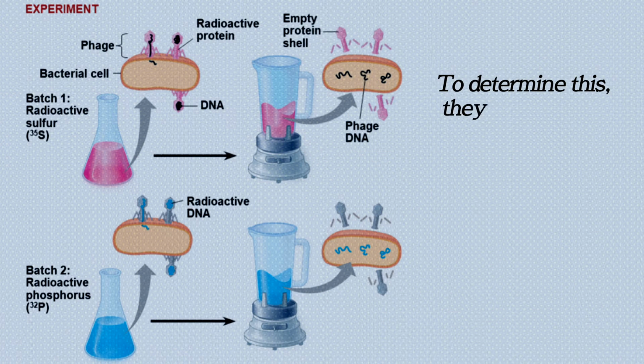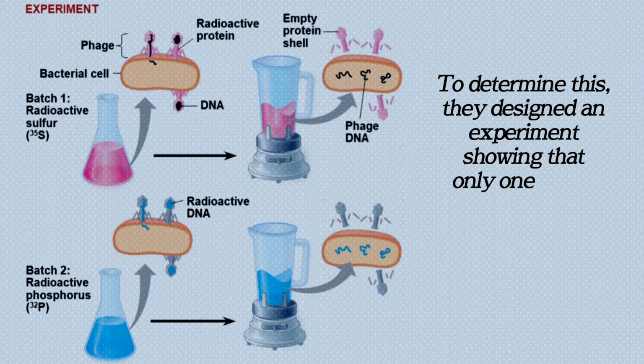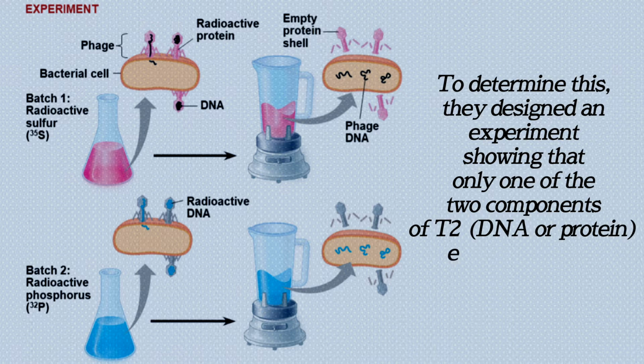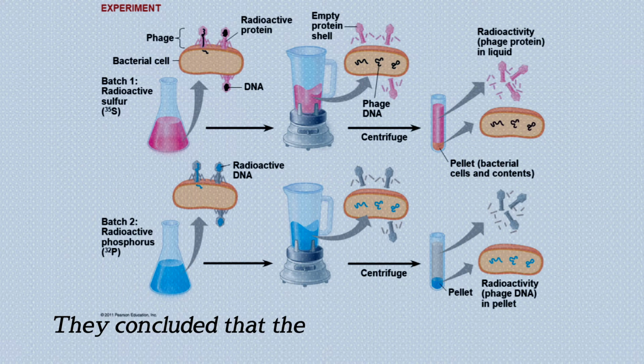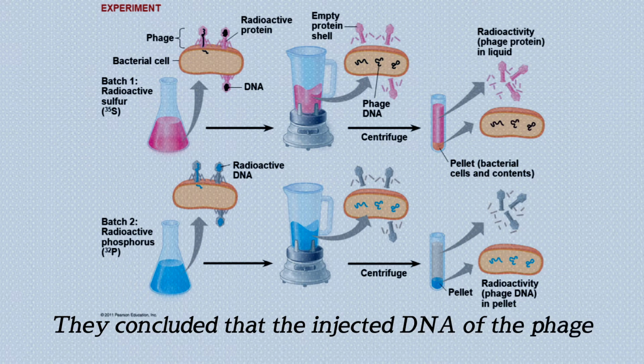To determine this, they designed an experiment showing that only one of the two components of T2, DNA or protein, enters an E. coli cell during infection. They concluded that the injected DNA of the phage provides the genetic information.